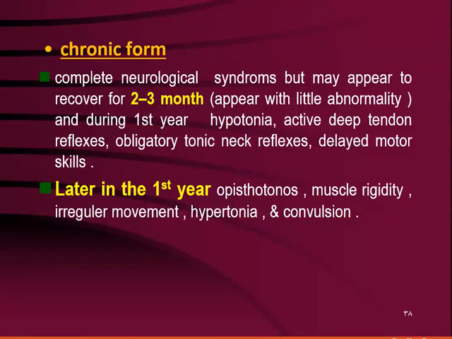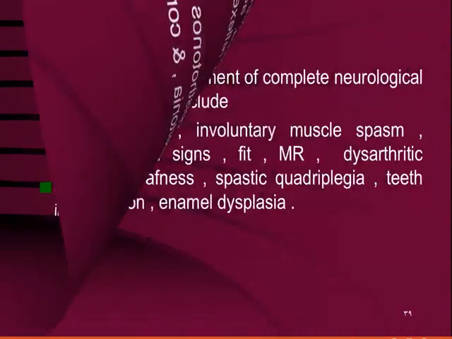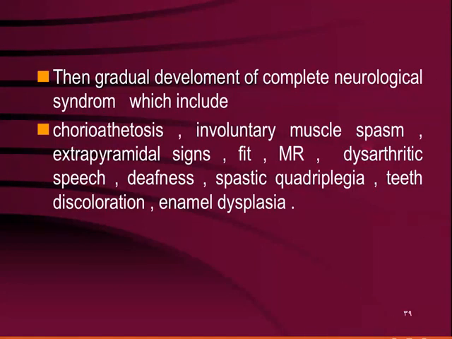So after the severe form, he will develop a neurological syndrome but appear to have little abnormality at 2 to 3 months, then develop later in the first year opisthotonus, muscle rigidity, irregular movement, hypertonia, and convulsions.